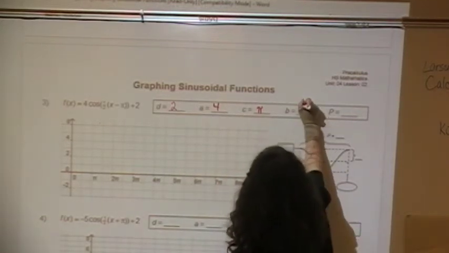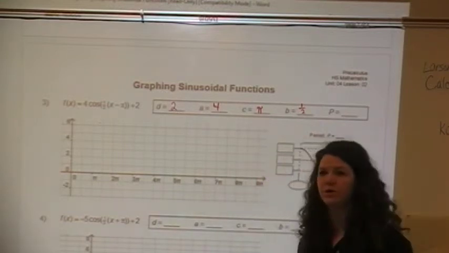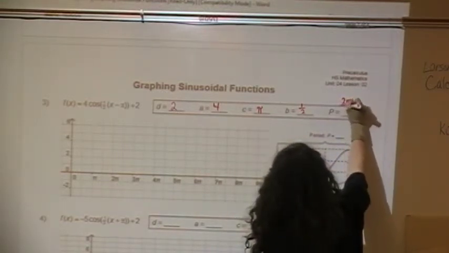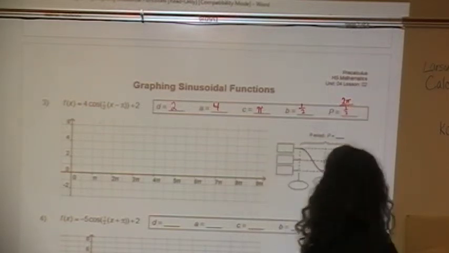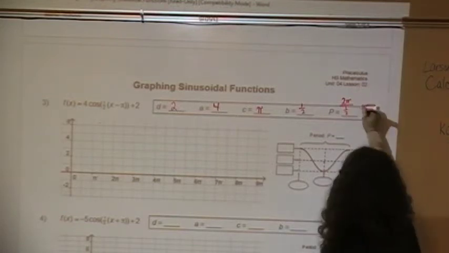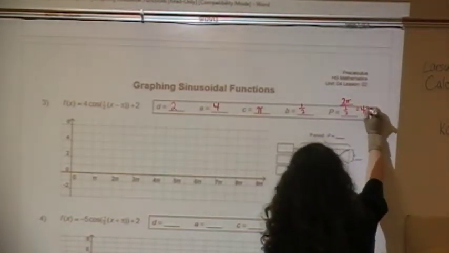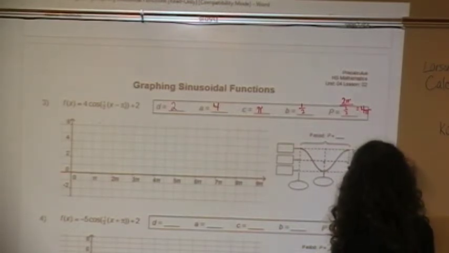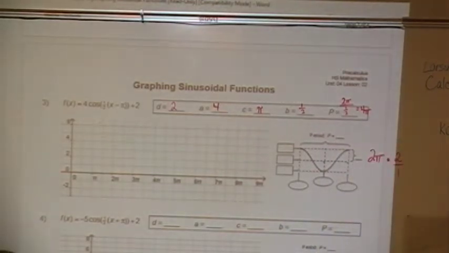My B is 1/2. Don't let this throw you off. Period is 2 pi divided by B. 2 pi over 1/2 is 4 pi, because you have to switch it to multiplication and flip it over. That makes it 4 pi. Okay.